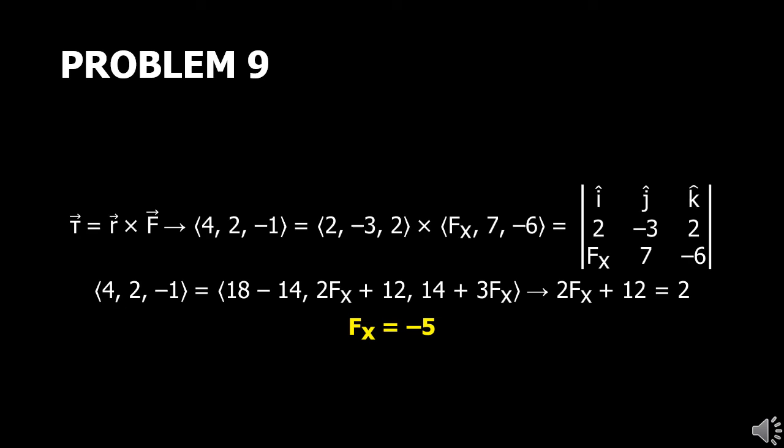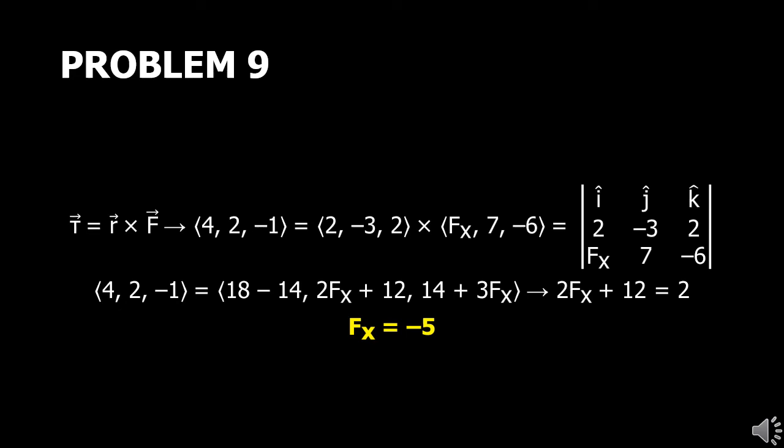So, uunahin pala muna natin itong 2Fx. So 2Fx, then minus 2 times negative 6, that is negative 12. So that will give us positive 12. So 2Fx plus 12 is equal to 2.